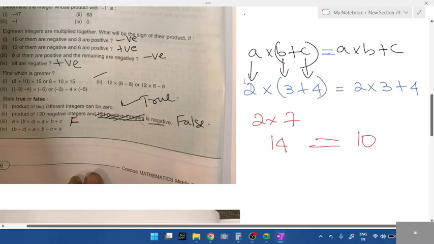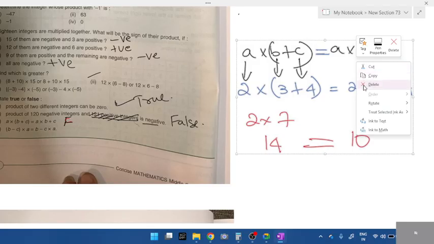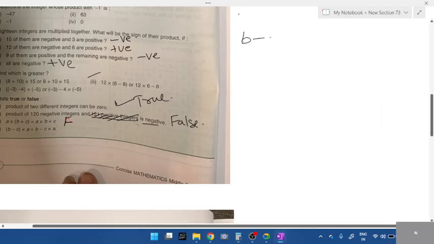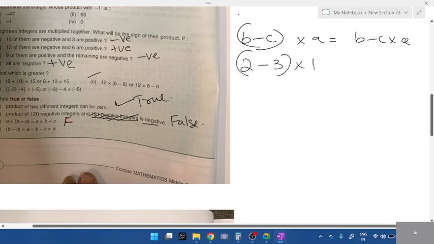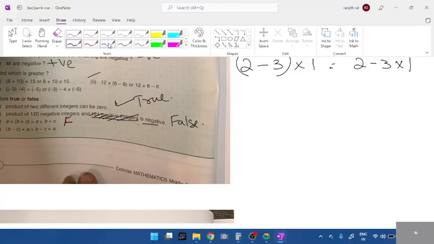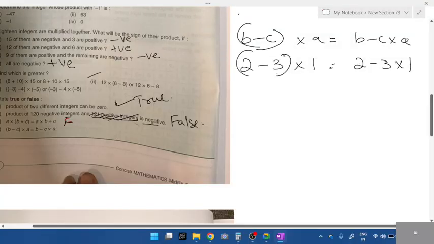How do you say they're equal? What did you take, Alicia? Oh, 2, 3, and 1. What is 2 minus 3? First solve the bracket. 2 minus 3 is minus 1.